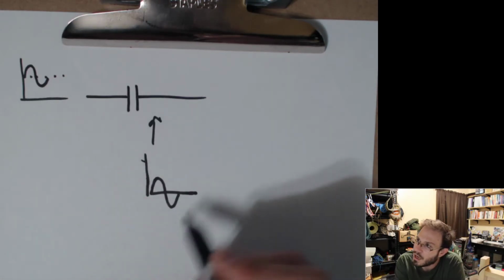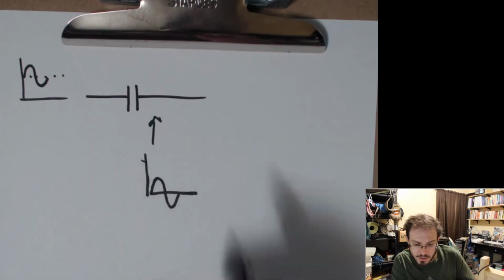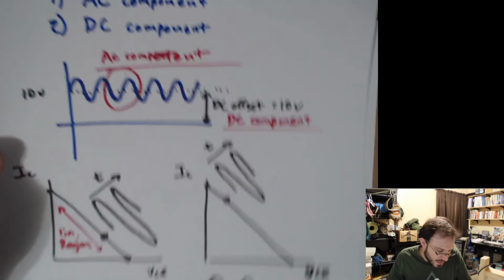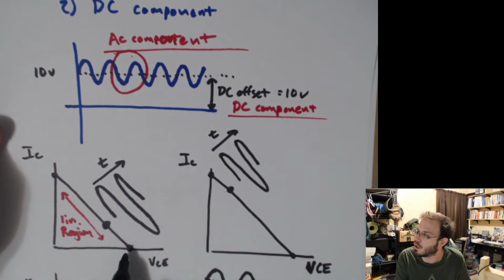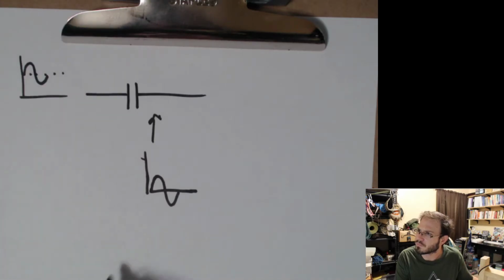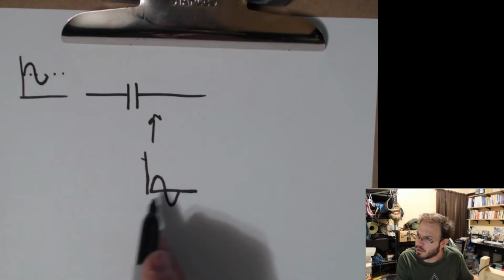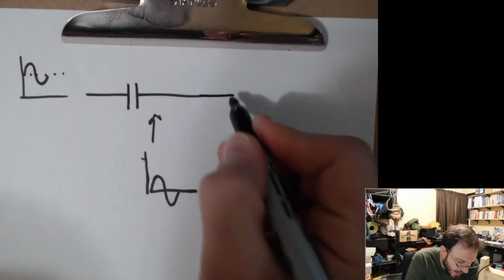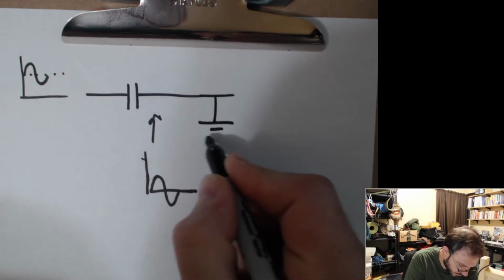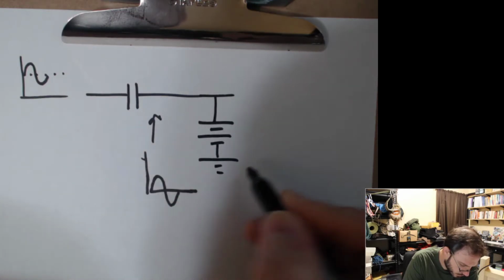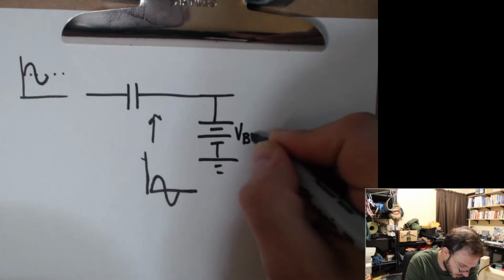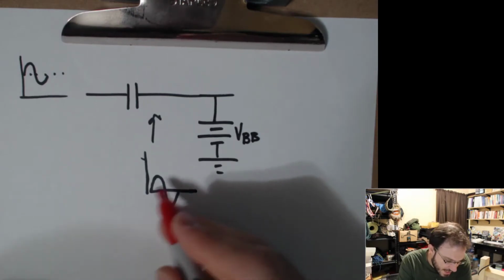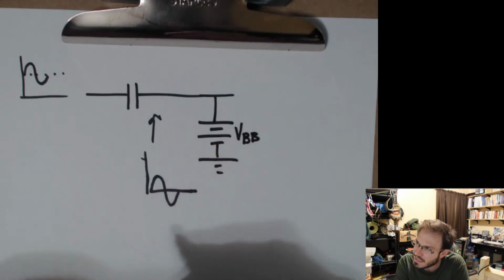Absolutely true. However, this isn't good for our transistor amplifier circuit either, because now we're back to being too close to cutoff. And so our amplifier won't be able to operate here. So what we can do now is provide this AC signal our own DC offset.